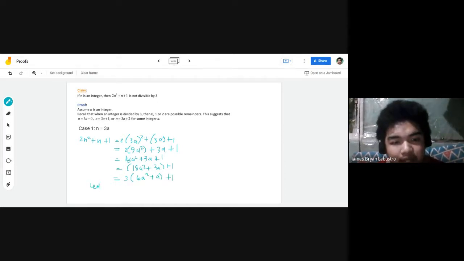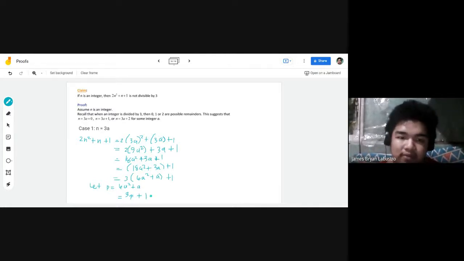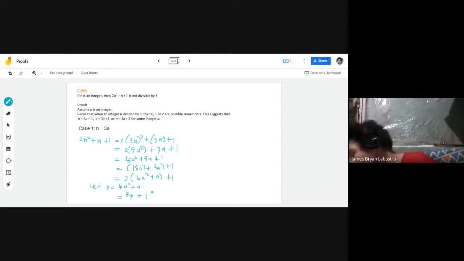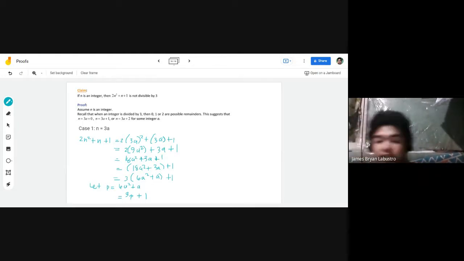Then we let p equal to 6a squared plus a. So we have 3p plus 1. So therefore, it is not divisible by 3. So, proven siya. Okay? Therefore, it is not divisible by 3.